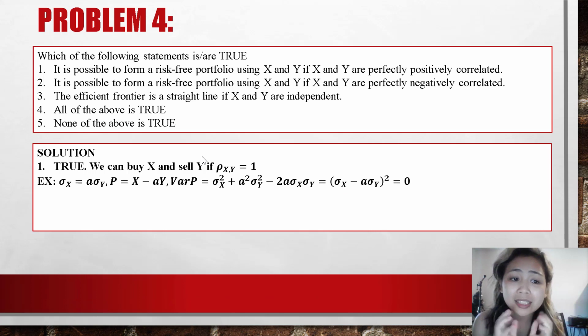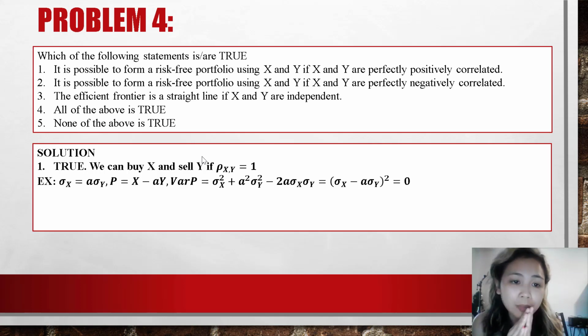And remember that sigma X and sigma Y are not equal. So here I assume that sigma X, which is the volatility of X, is A times sigma Y, where A is just a real number, not necessarily a whole number, not necessarily positive or negative, just a number.